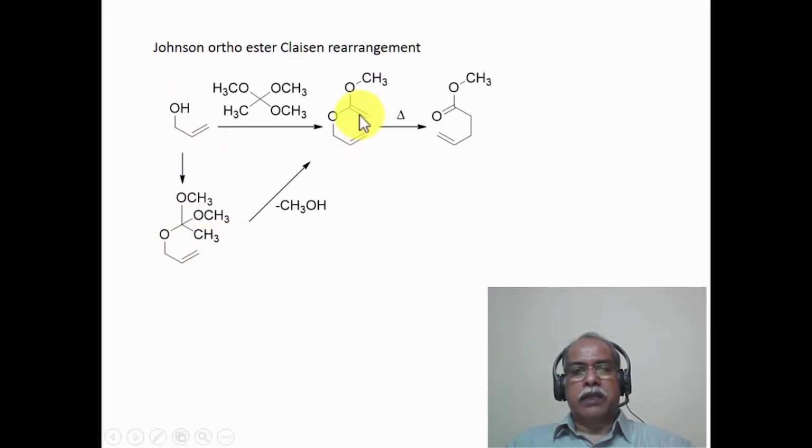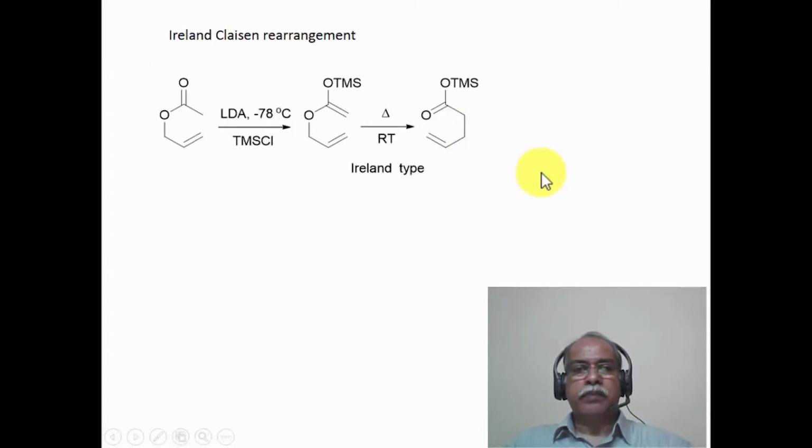Loss of methyl alcohol essentially generates the Claisen starting material. This is the orthoester Claisen starting material, which undergoes the Claisen rearrangement to produce the gamma delta unsaturated ester. So the product of the Johnson orthoester Claisen rearrangement is a gamma delta unsaturated ester.